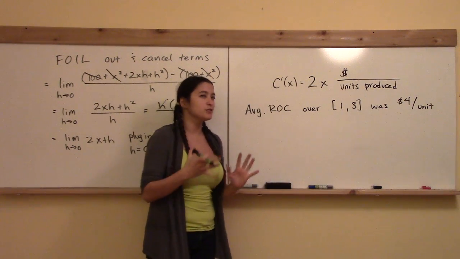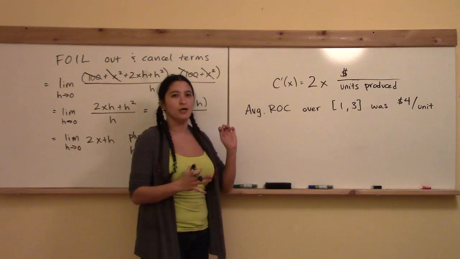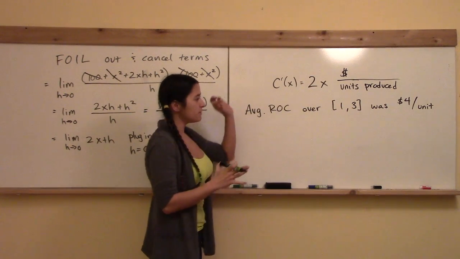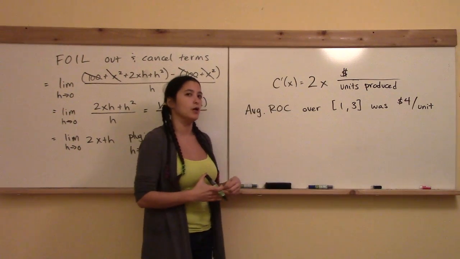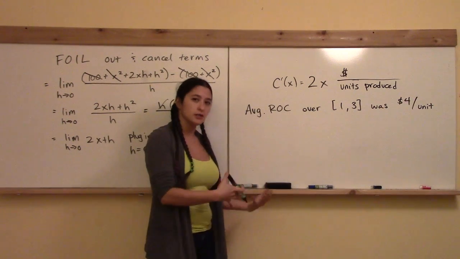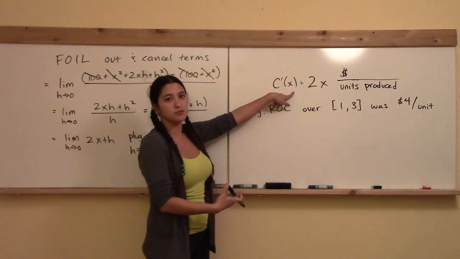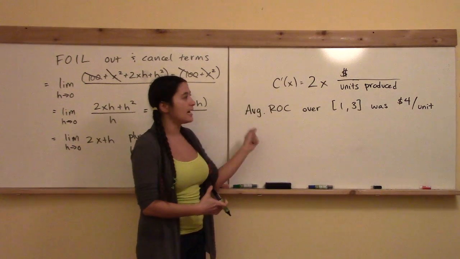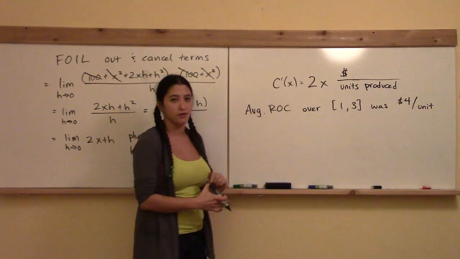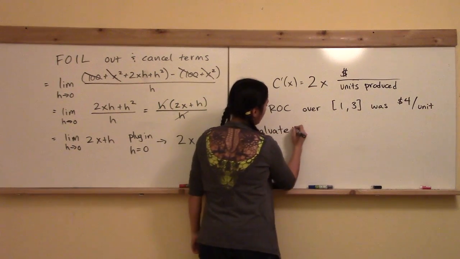But that's an average concept, and really now I can get the instantaneous concept, which is to say, what if I'm exactly producing one unit? How much would it cost me to make one unit more? What if I'm making 2 or 3 or 4 or 5 or 6 units? This is exactly how much it will cost me to produce one more just at that instant, at that exact specific production level.